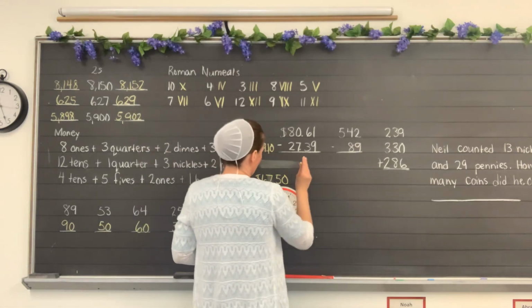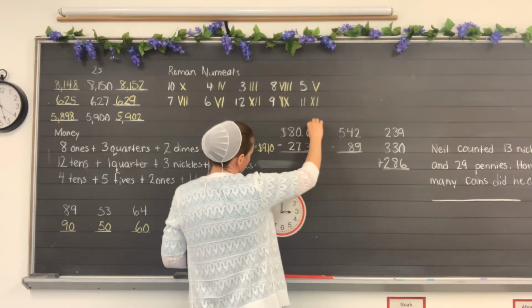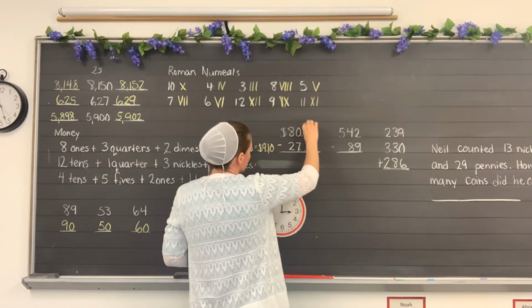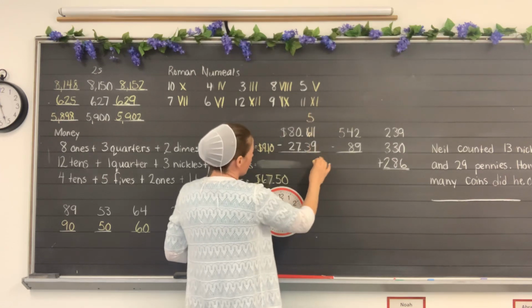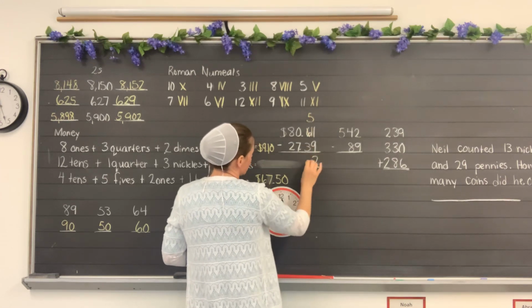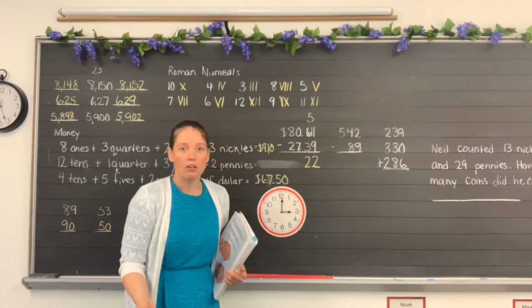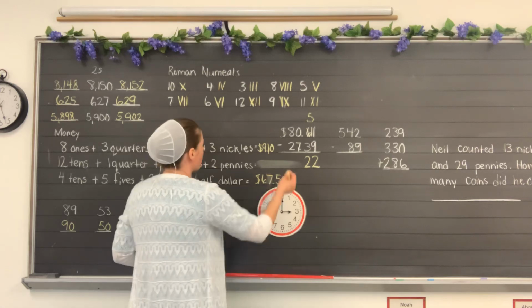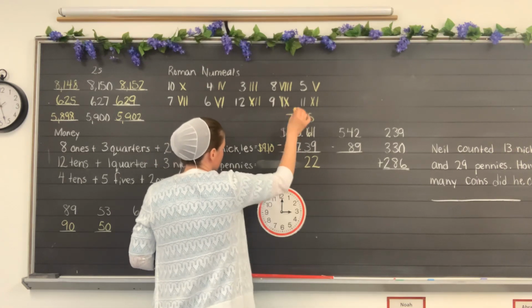So 1 minus 9, we can't do that because 1 is less than 9, so we'll need to borrow. So we'll put a 1 beside the 1, cross out the 5, cross out the 6, and put a 5 on top. 11 minus 9 is 2, 5 minus 3 is 2. 0 minus 7, well again, 0 is less than 7, so we'll need to borrow again. So we'll put a 1 beside the 0, cross out the 8, and put a 7 on top.